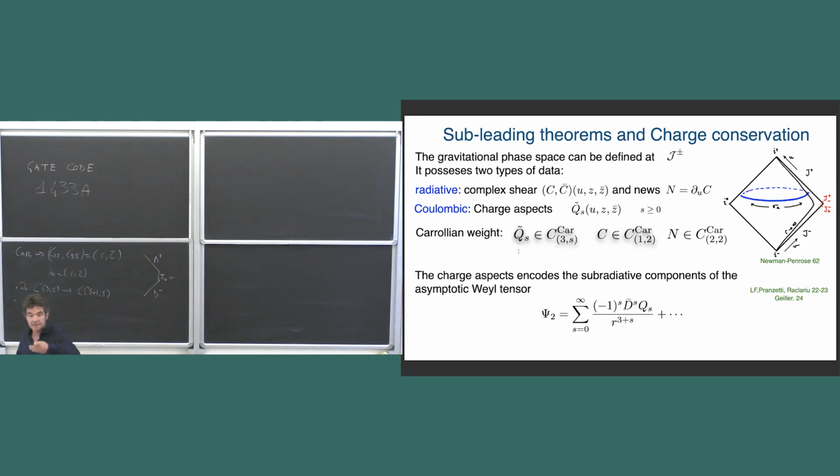Then when you expand this, the next term will be d bar of Q1, then d bar squared of Q2, etc. And you will have this if you assume peeling, which I'm going to do in this talk. This is how psi2 is obtained, and then there are nonlinear corrections to that. Okay? Yes?